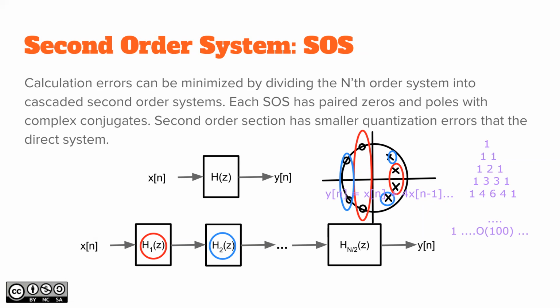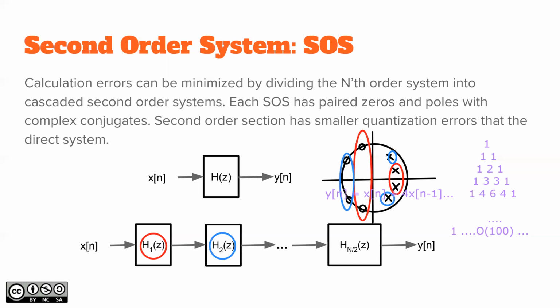In FIR systems, you are moving the zeros when you are doing this rounding, and that will affect the stop band attenuation. It will make the stop band attenuation worse, less attenuation.